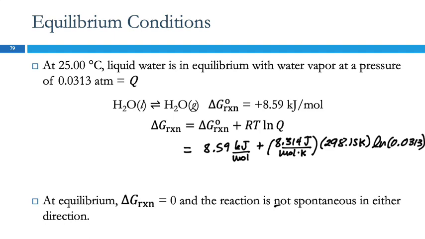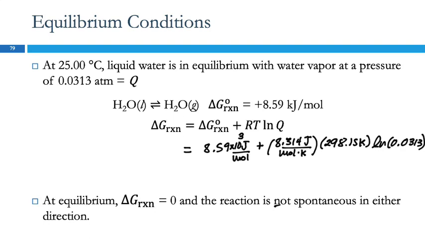We need to be careful with our units here, right? This is joules. Those guys are kilojoules. So let's fix that. Get rid of the K and write what it means instead.